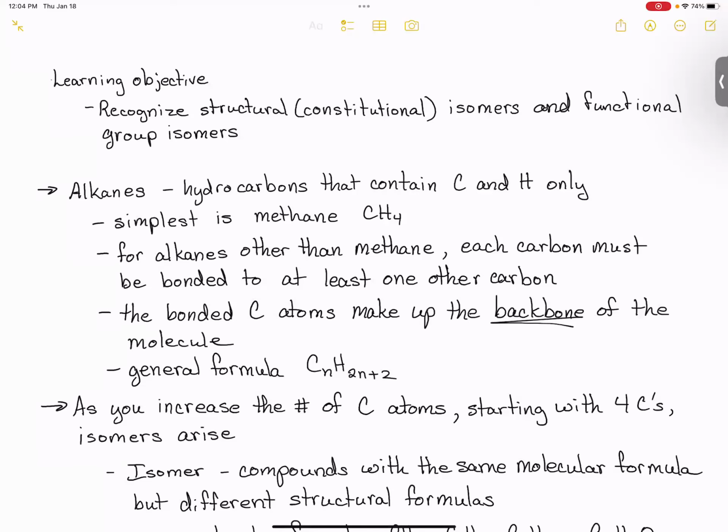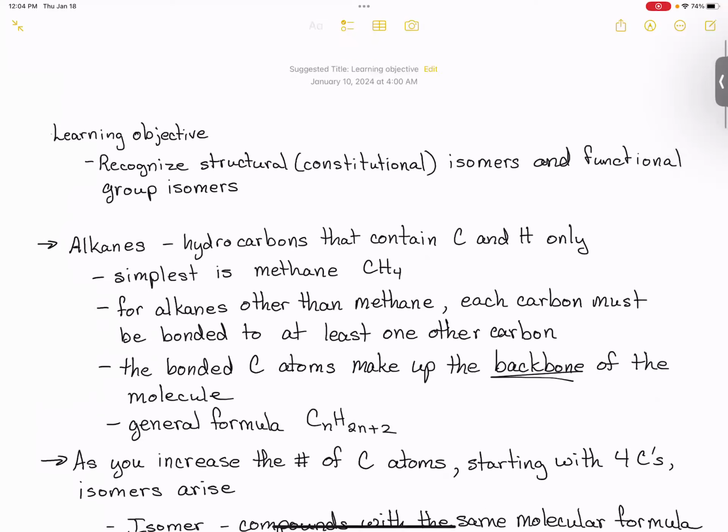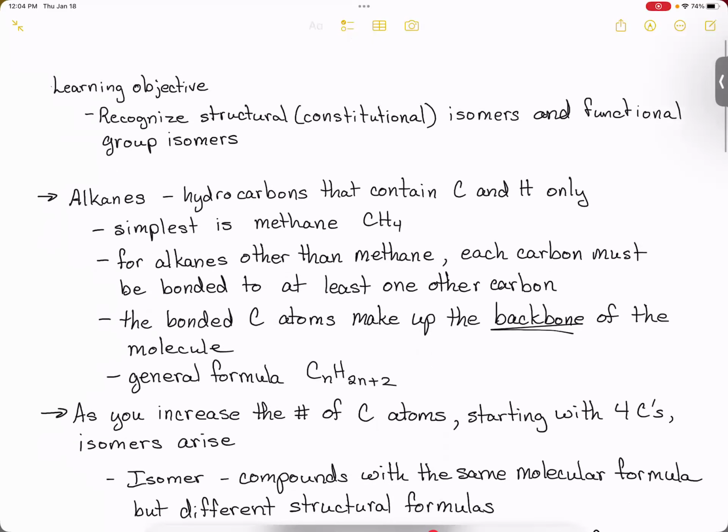So if our number of carbons is 3, then our hydrogens would be 2 times 3, 6, plus 2, or 8. So the formula would be C3H8.